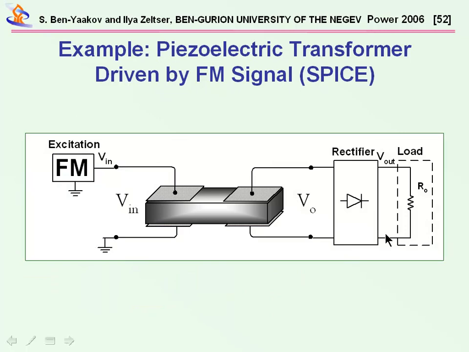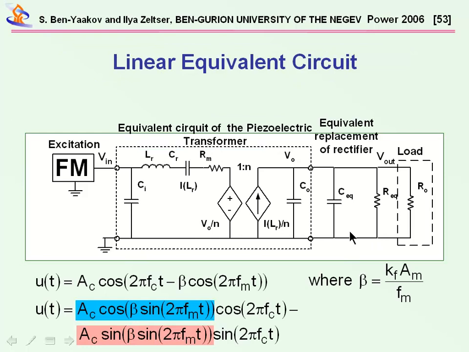As an example, suppose we have a piezoelectric transformer, which is basically a resonant circuit, and a rectifier. What we will do next is describe it as an equivalent circuit. This describes the piezoelectric transformer. This will be the output section.